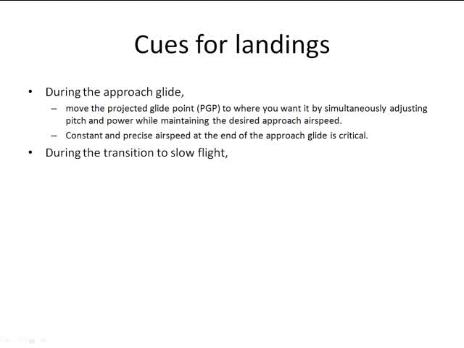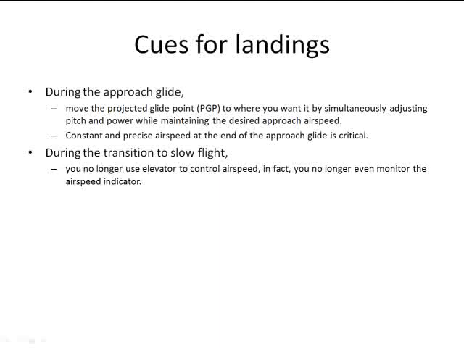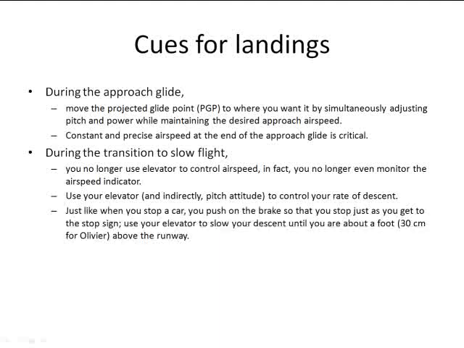During the transition to slow flight, you no longer use your elevator to control airspeed. In fact, you no longer even monitor the airspeed indicator. Use your elevator and indirectly pitch attitude to control your rate of descent. Just like when you stop a car, you push on the brake so that you stop just as you get to the stop sign.